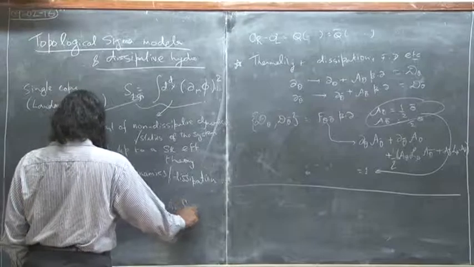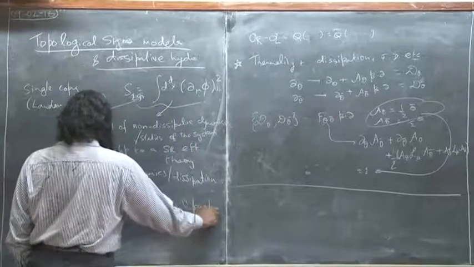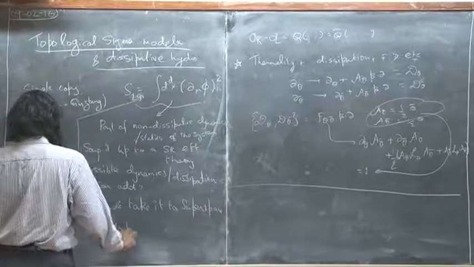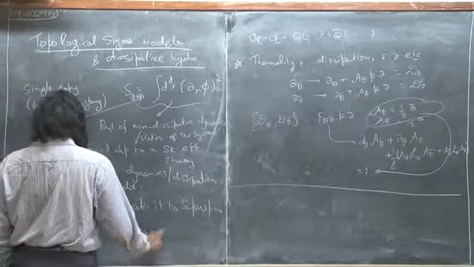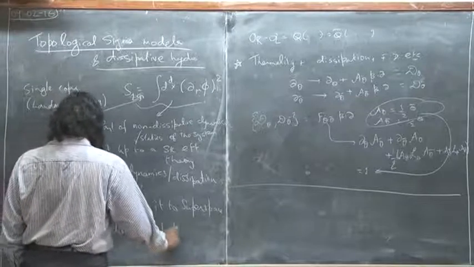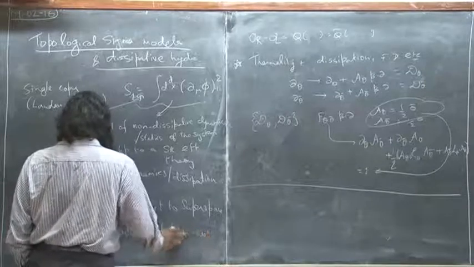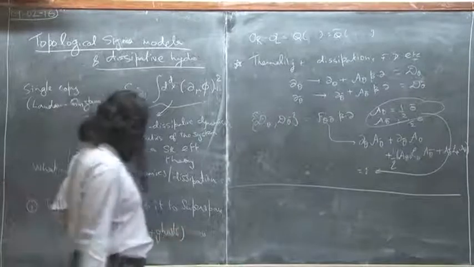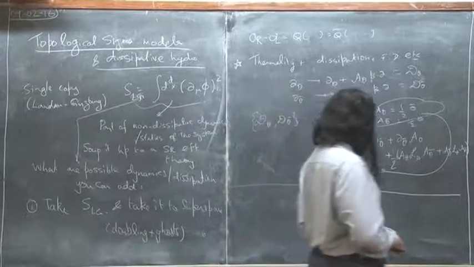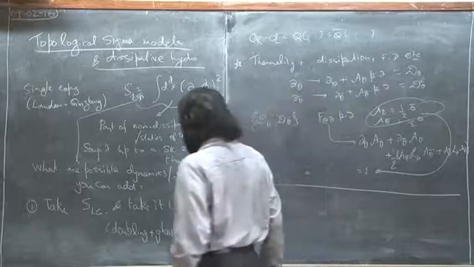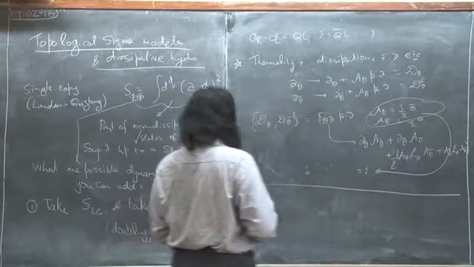And what this does is that it automatically does the doubling. It might decouple or might not decouple, depending on the theory. But the point is that you have a doubling. So that's the first step that you do.